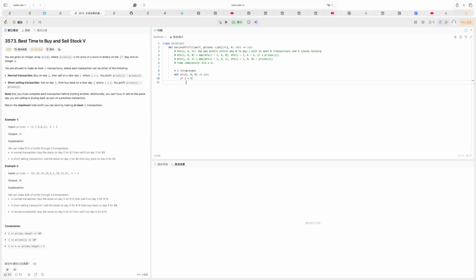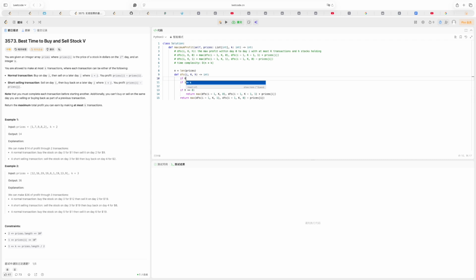So we should return 0 if h is 0, else we will return invalid. And so if h is 0, we will return the maximum of this, and else we will return this.